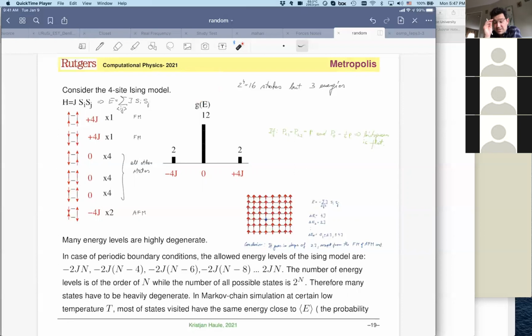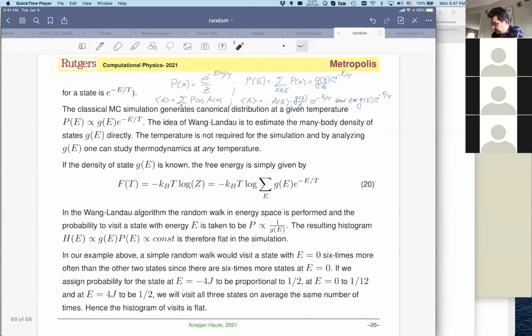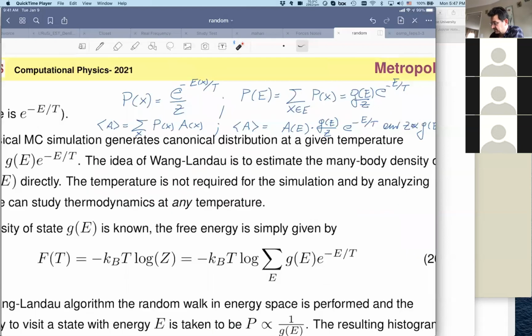So why do we want to visit the same energy many times, when all the configurations that have the same energy contribute exactly the same to the thermodynamic potential or any thermodynamic quantity? Okay, so let's say that you want to calculate a specific heat, or, well, let's say just the average energy.